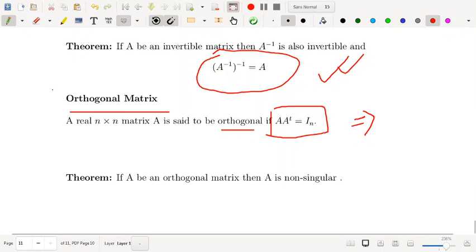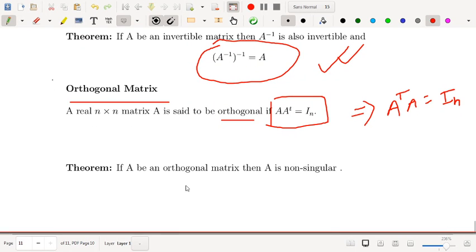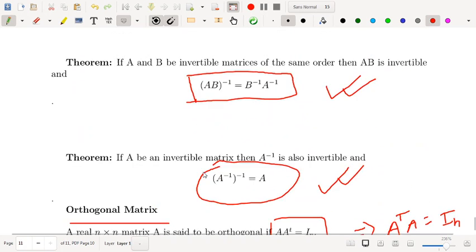You can also verify that if a matrix is orthogonal, A transpose into A equals identity also holds. And this is very important: if A is an orthogonal matrix, then A is non-singular. This you can check, very easy.